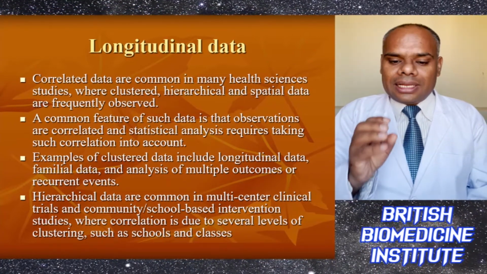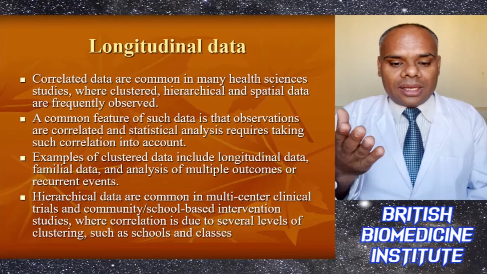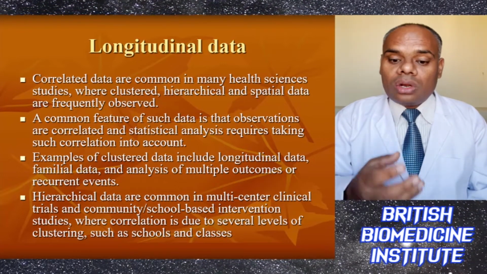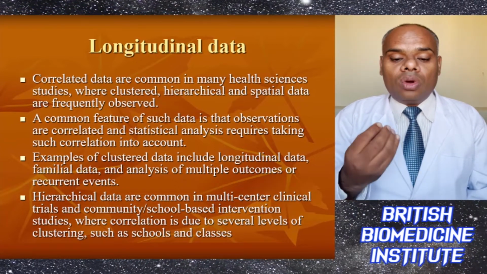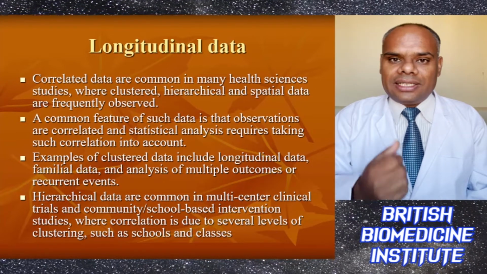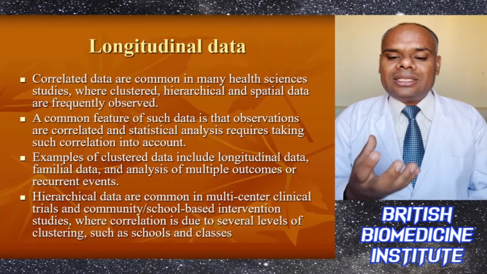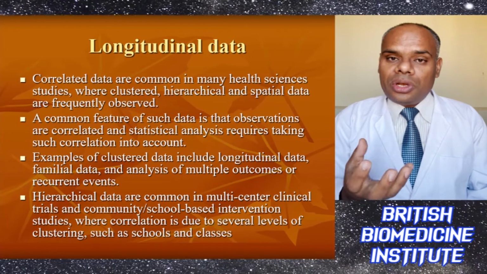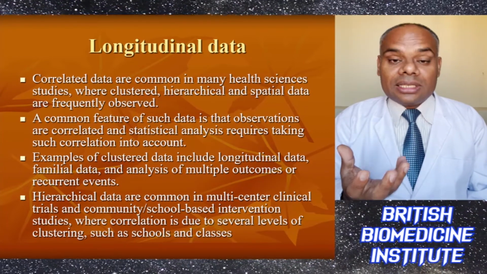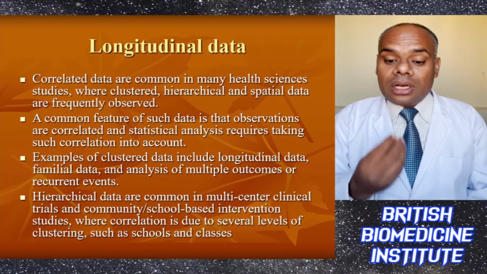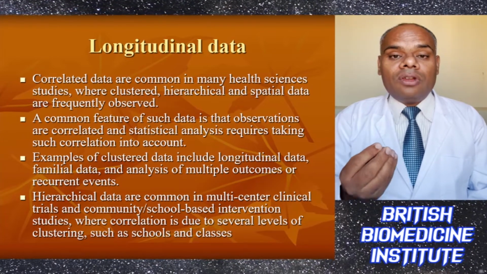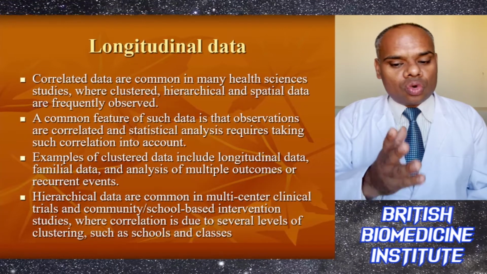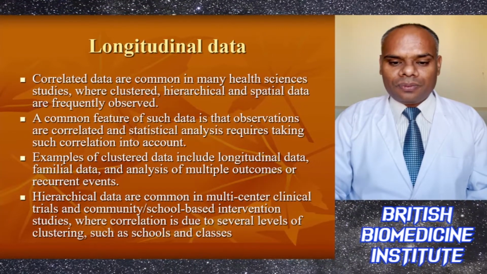Examples of cluster data include longitudinal data, familial data, or analysis of multiple outcomes or recurrent events. Hierarchical data is common in multi-center clinical trials and community or school-based intervention studies where correlation is due to several levels of clustering such as schools and classes.